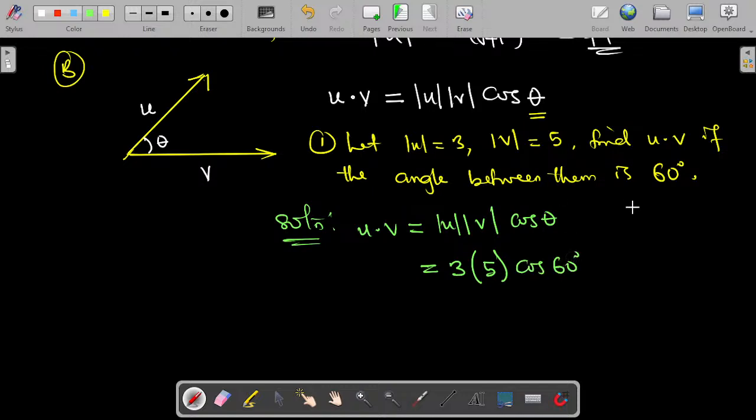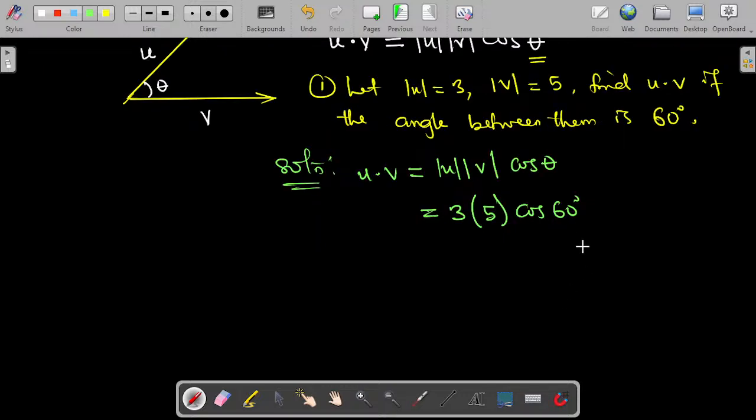My theta here is 60. And you are done. What is the answer? 15 times cos 60, which is half, that's 0.5. That's going to give you 7.5 as your solution. This is so amazing. So that's how to handle this.